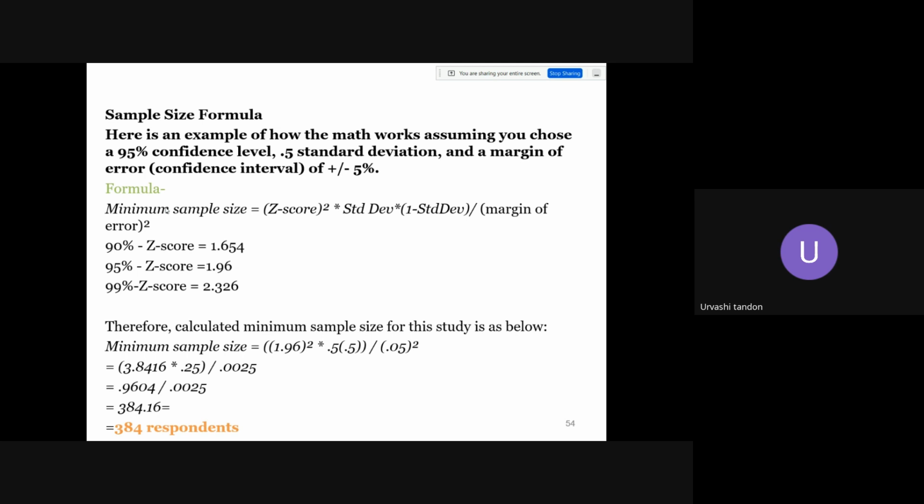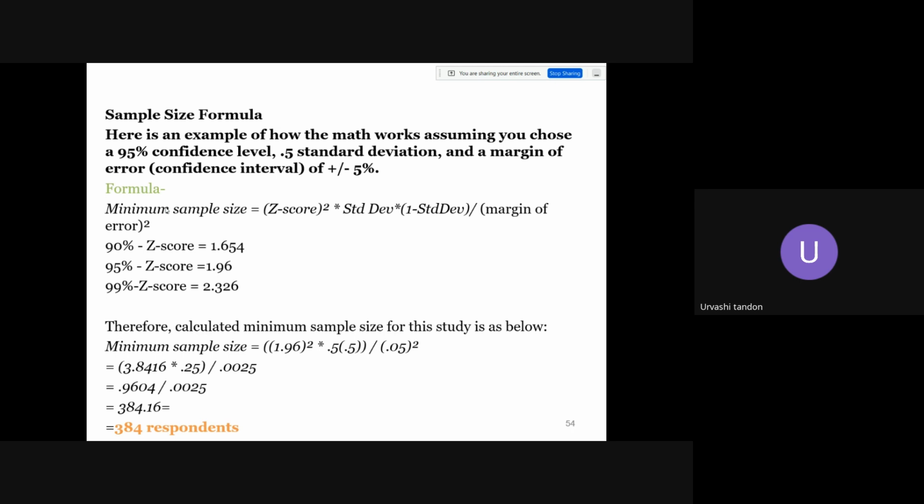We have to be 99% sure, this drug has to be tested properly, right? So by putting the values in, the sample which comes out is 384 respondents, 384 respondents for social sciences research.